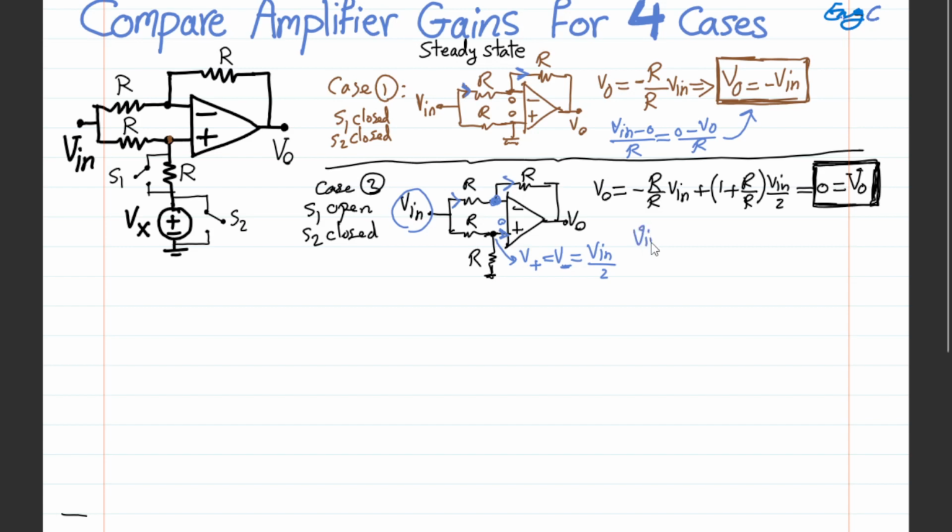So V in minus V in over 2, divided by R, is equal to V in over 2, the voltage at the negative terminal, minus V out, divided by R. That's the meaning of this KCL I'm writing. Okay, this is obviously resulting in V out equal to 0, as expected.